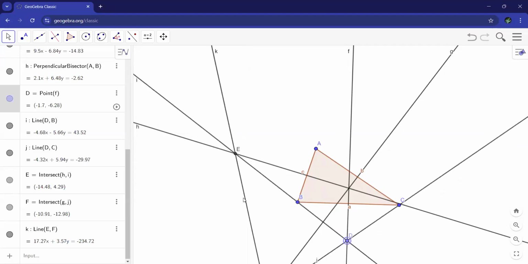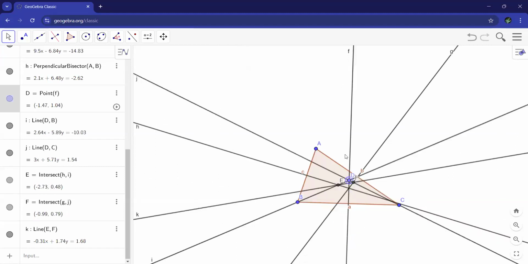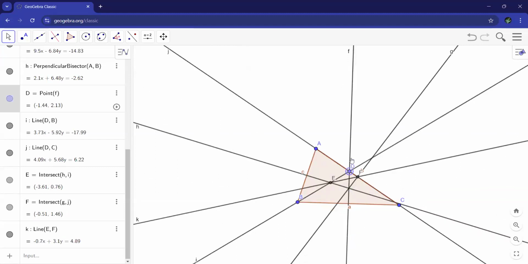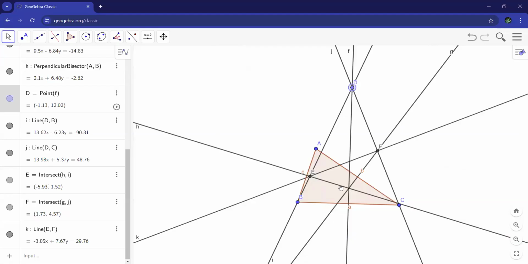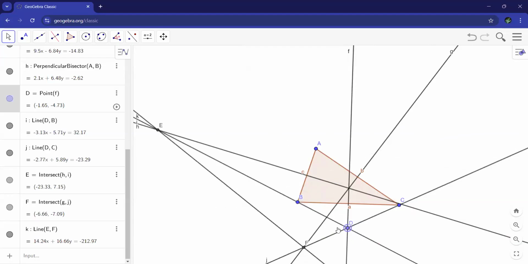That point seems to be somewhere around here, right? Somewhere around here, that point seems to be. Any conjectures?